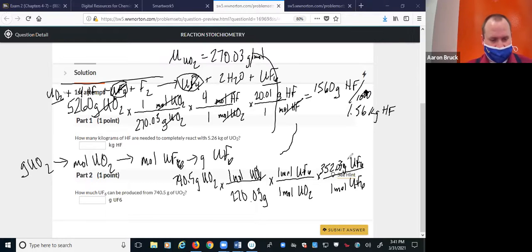This one would be 4 significant figures because we started with the measurement of 4. And to 4 significant figures, we get 965.4 grams of UF6.